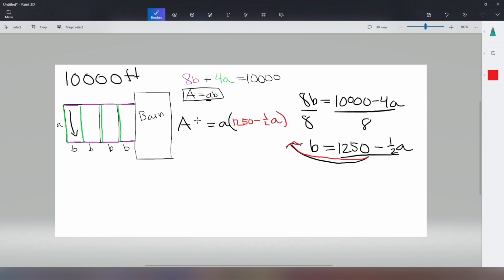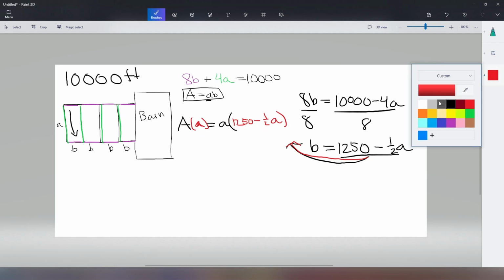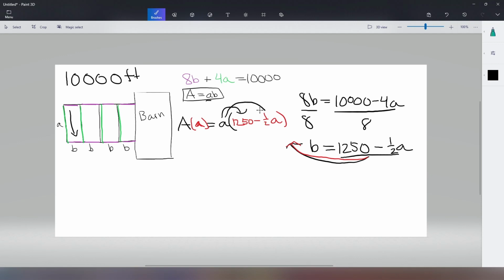And now we can write this as area in terms of A, right? Because we only have a singular variable. Now, we could distribute the A into here and get a quadratic in standard form, but instead we can leave it here. Why? Because if we were to draw a graph and we were asked for the zeros, we can read them off directly.